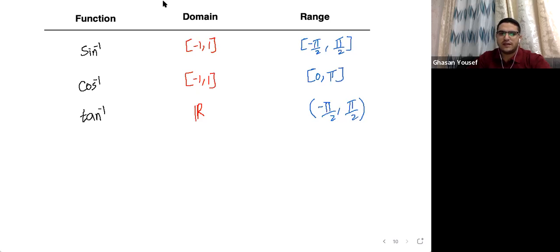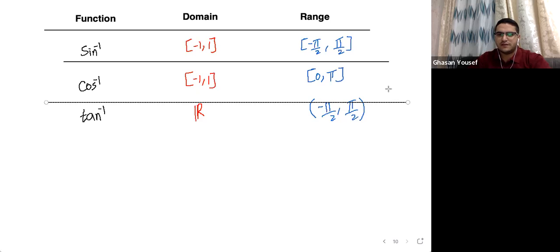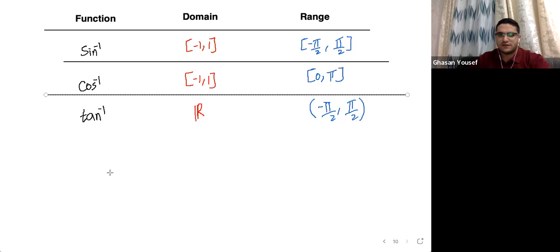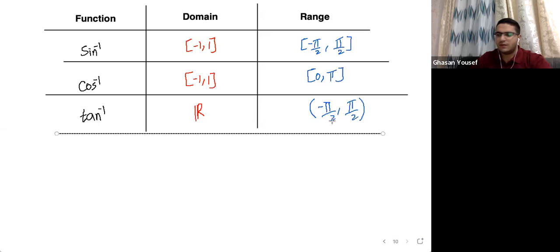This is the domain, and the range is what we use for this function to find the inverse value for these functions. This table is a very important table. It will help me a lot to solve and to find the inverse for any value.